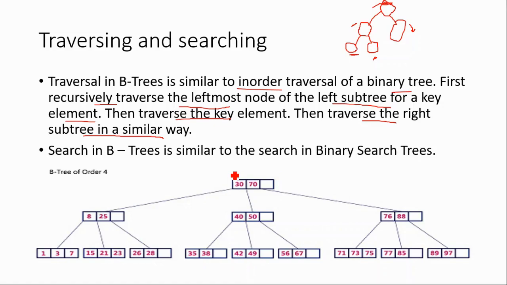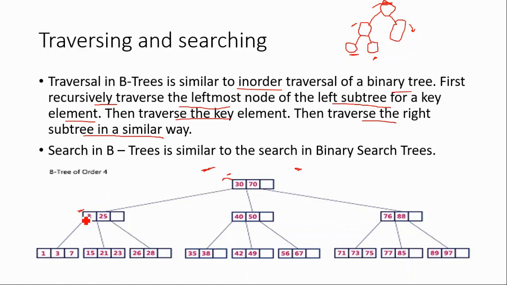So in this B tree, how to traverse this particular B tree? At first we come to the root node. It has a left child link, meaning a link to a left subtree. Here we also come to the root. Here also it has a left subtree link.